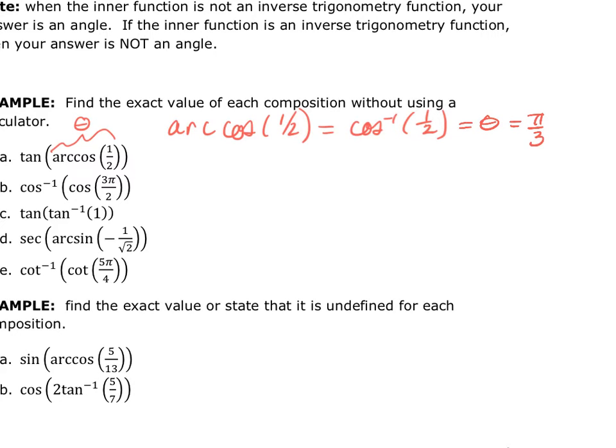That means my theta is equal to pi over 3. That means what I'm really trying to find is the tangent of pi over 3. So then I just look on my unit circle. Tangent is sine over cosine. So I put my sine value over my cosine value, and my final answer is just the square root of 3.